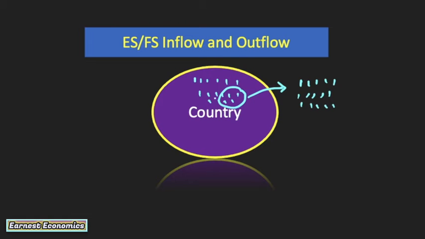So when transactions take place between individuals of the same country or firms of the same country, we may call it domestic transactions. And when transactions take place between individuals and firms of different countries, we may call it international transactions.